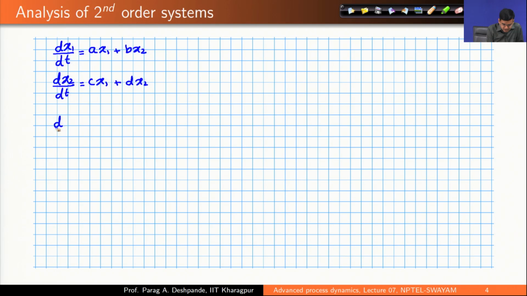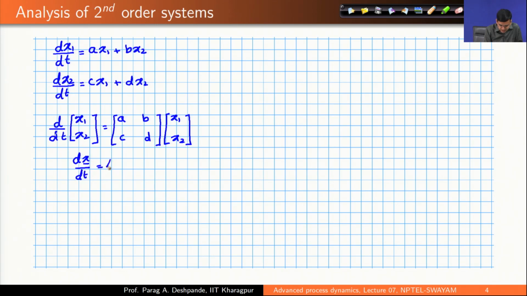So, I would write this set of equations as a single matrix equation as d by dt of x 1 x 2 is equal to the matrix A B C D multiplied by x 1 x 2. This is my dynamical equation. Let us remind ourselves that this is of the form d x vector by dt is equal to A matrix times x vector.